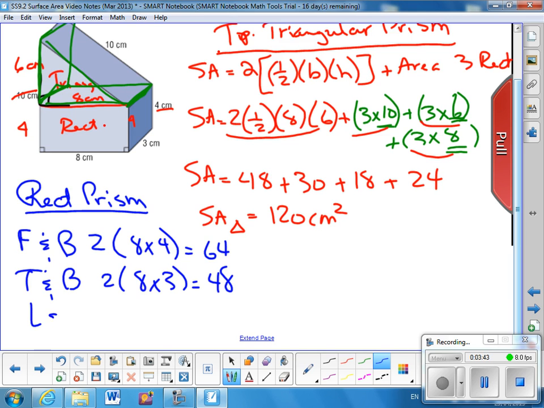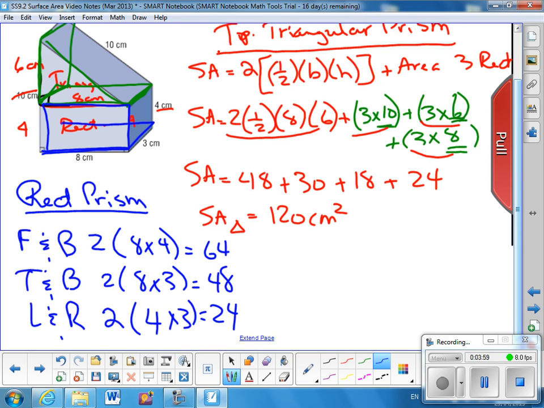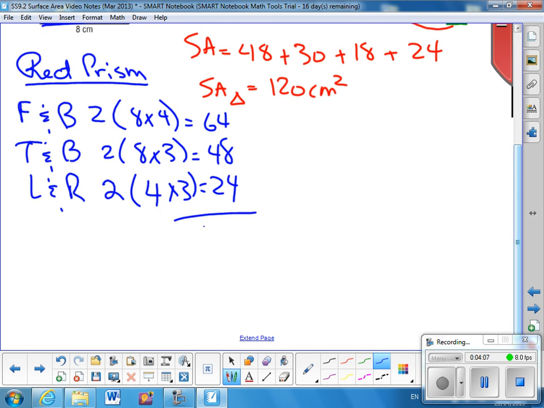And the left and the right, or the sides, if you want to call them that, are 2 of 4 by 3. Okay, so the front and the back, 4 by 8. The top and the bottom is 8 by 3 going back, and the left and the right is 4 by 3. Okay, so we total those up, and we get 136 centimeters squared.